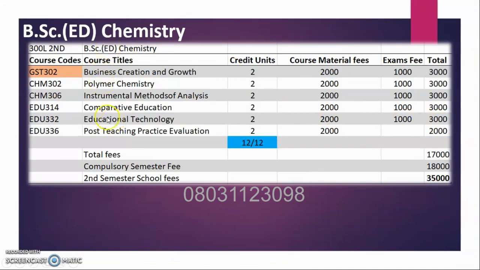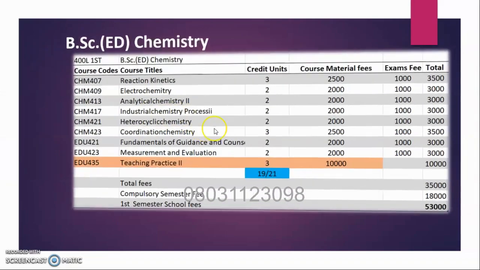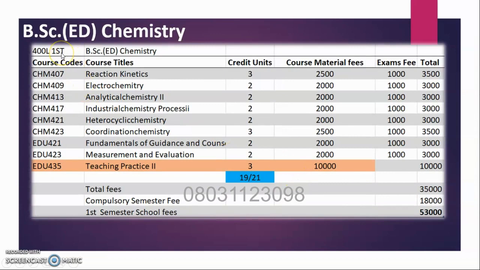Then 300 level second semester, these are your courses. You're expected to register all and pass all. Flat fees, and you have 35,000 as your school fees for 300 level second semester. Then 400 level first semester. These are your courses. You have a second teaching practice here, with no fees as well.